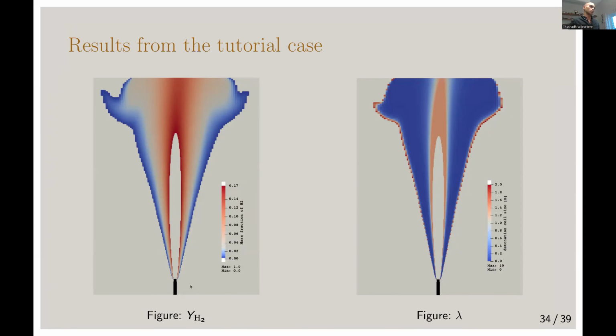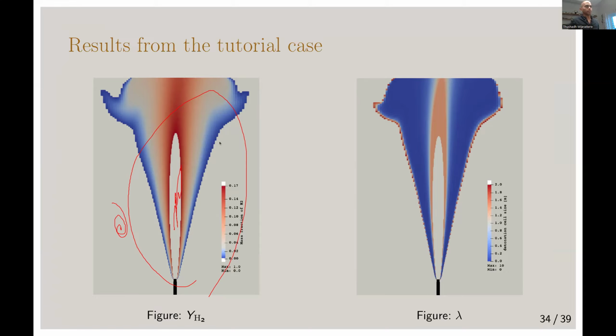And on the left, you can see the isolated flammable region, the mass fraction of the flammable region of the jet. Here you don't have any values because there's too much hydrogen, so it doesn't support any combustion. And on this side, there's too little hydrogen, so it also doesn't support any combustion.